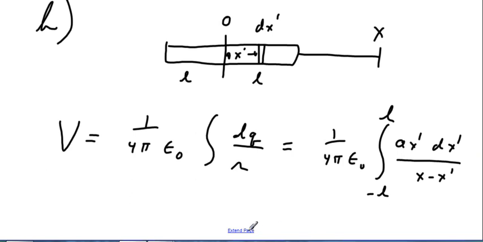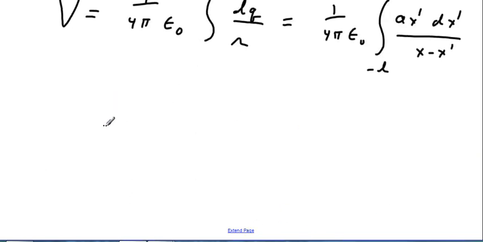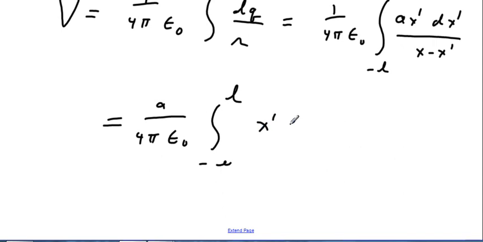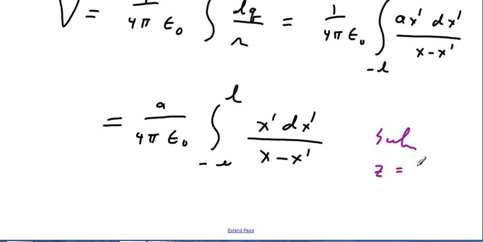Alright, so now we have an integral that we have to solve. I have a over 4 pi epsilon naught integral from minus L to L of x prime dx prime divided by x minus x prime. I'm going to do a substitution, and I'm going to let z be x minus x prime.